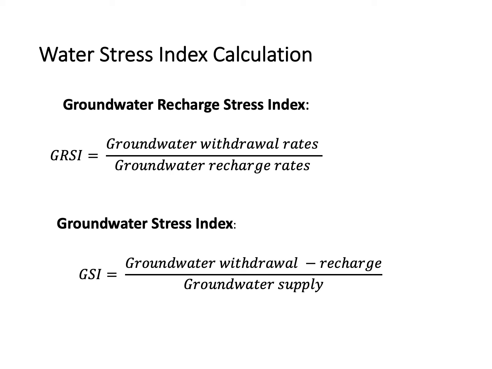The groundwater recharge rates are also found on the USGS website. Another way of calculating the groundwater stress index is the groundwater withdrawal minus the recharge rate, and then we divide it by groundwater supply.